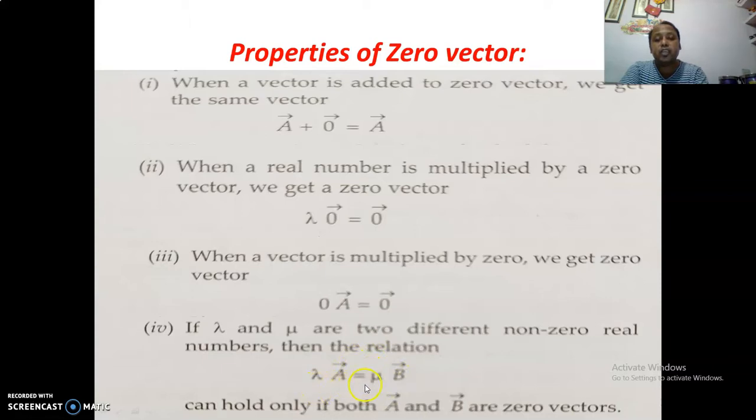So naturally these two sides can be equal only if vector A and vector B are the zero vectors.